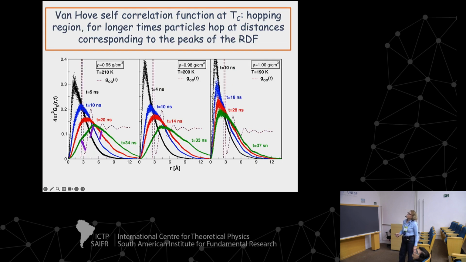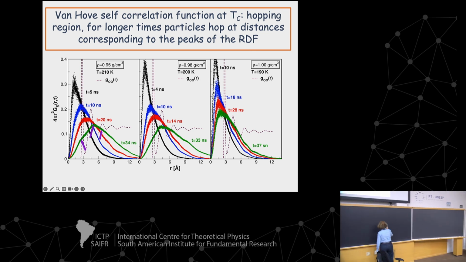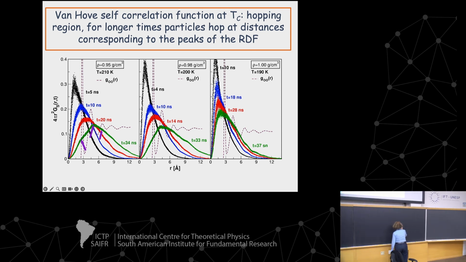Okay, so this is also to show you that, do you remember that I told you that when a particle jumps, it jumps to an energetically favorable place, okay? So this means that if this is my water molecule, and you have other water molecules here, a water molecule is trapped in the first neighbor cage.